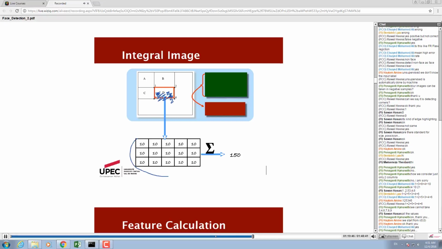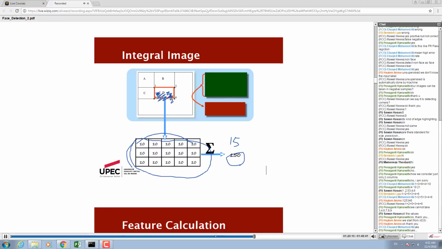If we have the integral image, for example, suppose the values are simply 10, 10, 10, and the size of B is 5 pixels in width and 3 pixels in height. How many pixels? 15, right?